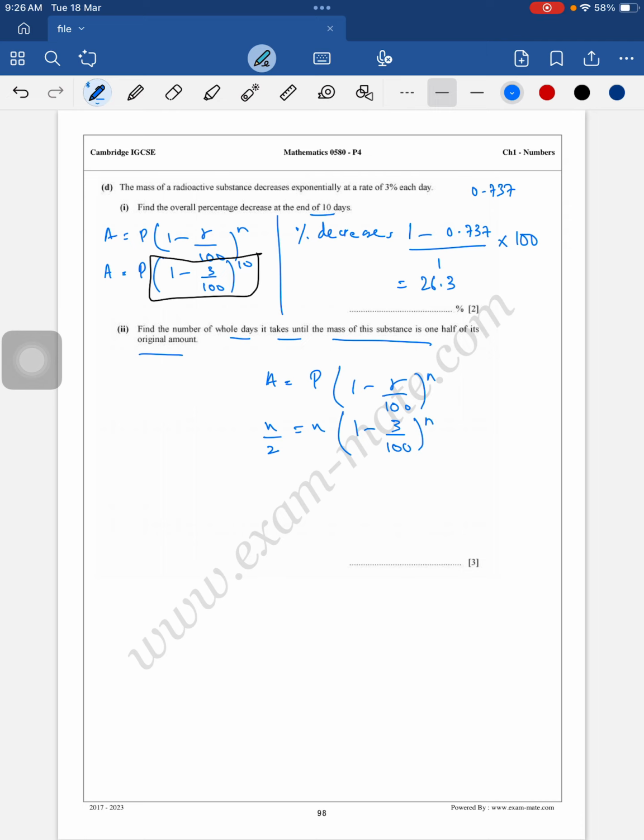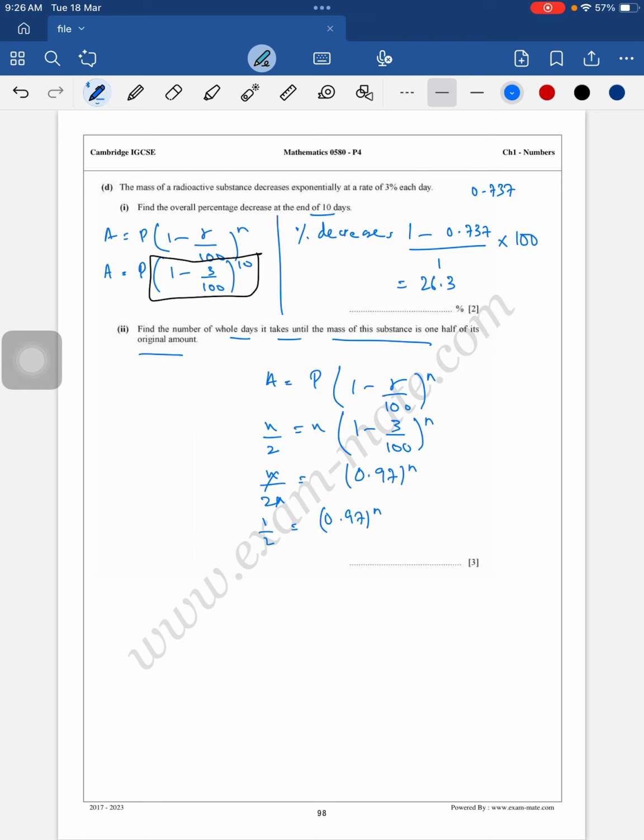So X upon 2 is equal to X times 1 minus 3 upon 100, which is 0.97, power n. X gets cancelled with X, 1 upon 2 is equal to 0.97 power n.